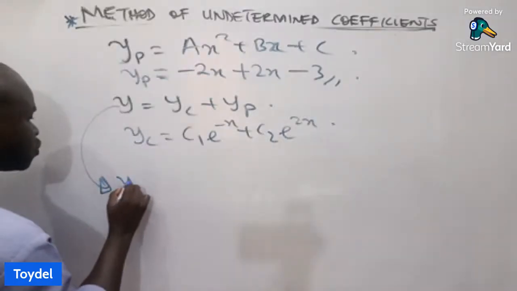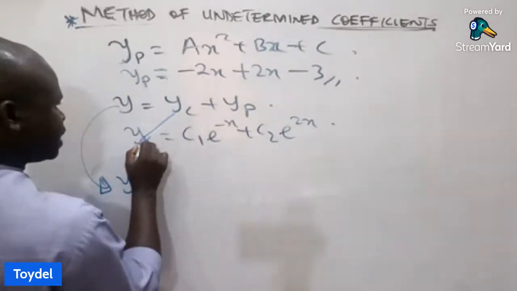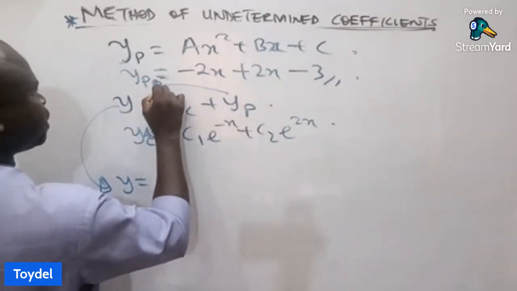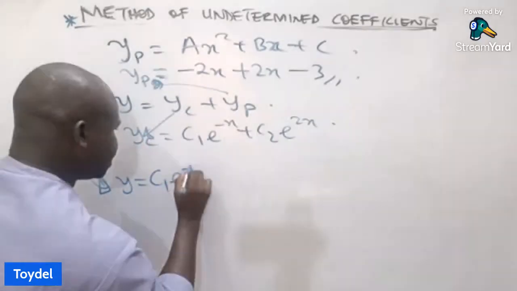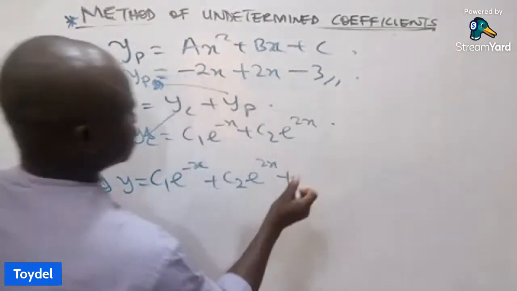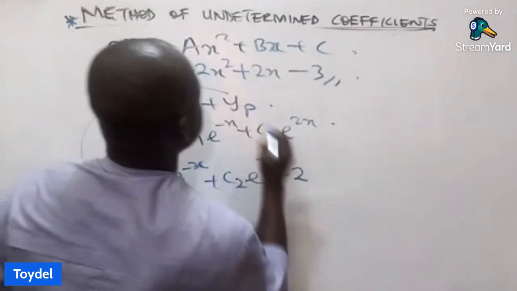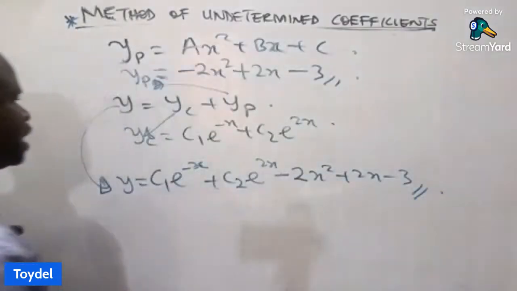The final solution to this non-homogeneous equation will now be yc plus yp, and that will be c1 e to the minus x plus c2 e to the 2x plus the particular solution, which is given as minus 2x squared plus 2x minus 3. That will be the general solution.